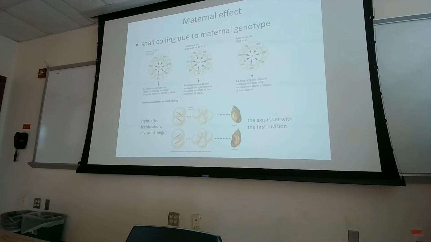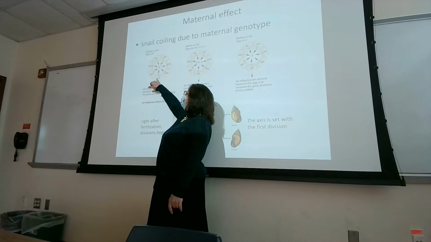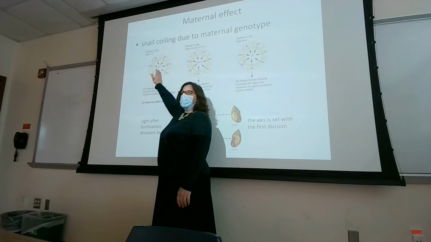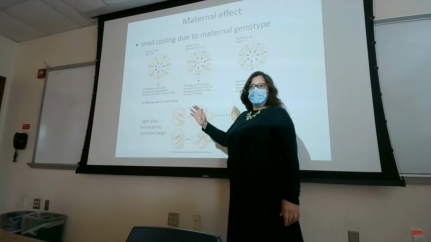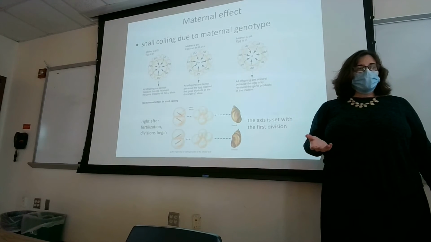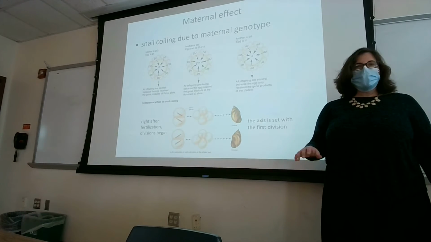And so if we look at the different ideas of what could happen, if the mother is big D, then the only proteins and mRNAs that can go into the egg are big D. So that means that the egg is phenotypically dominant, which means that the offspring is phenotypically dominant.